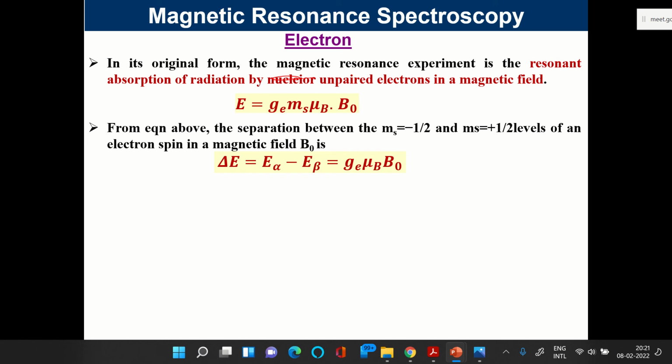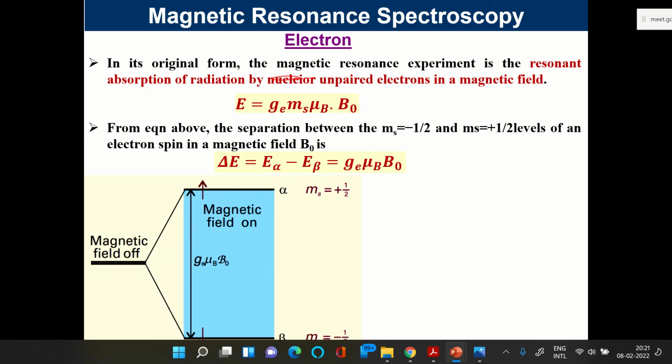So minus half. So how the separation turns out to be, it is like this.